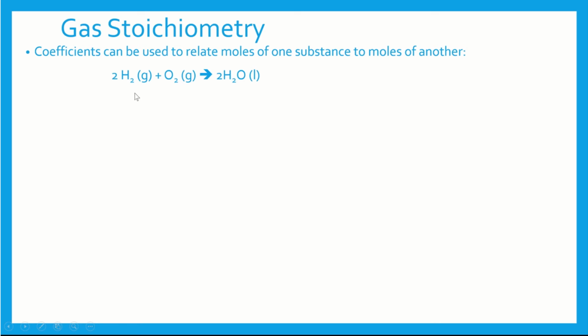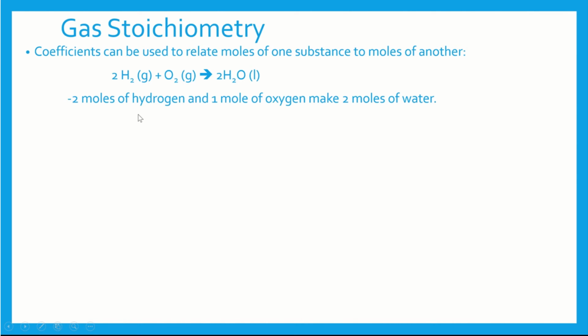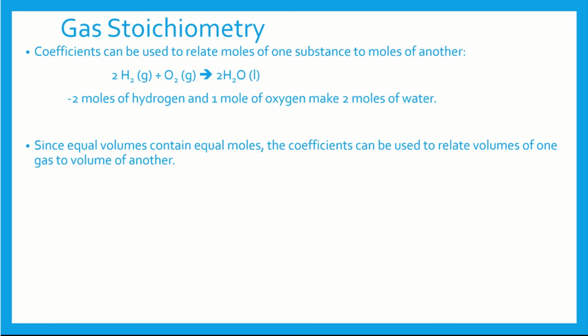So our coefficients can relate moles to moles of one another. But since we know that moles equals liters, we can say liters equal liters as well. So 2 liters of hydrogen gas will react with 1 liter of oxygen gas to form 2 liters of water.